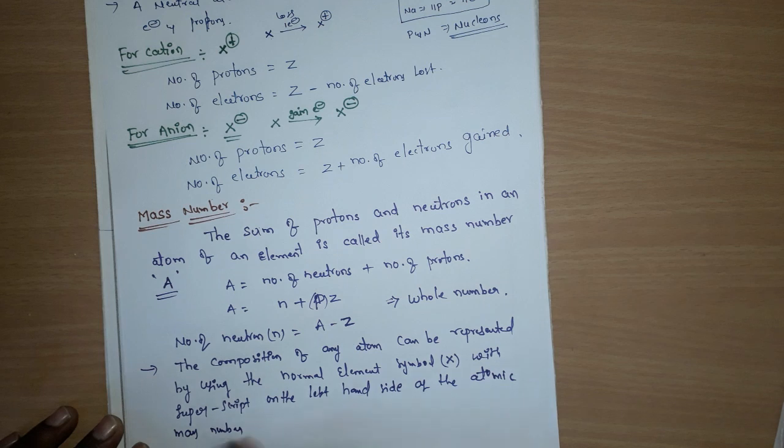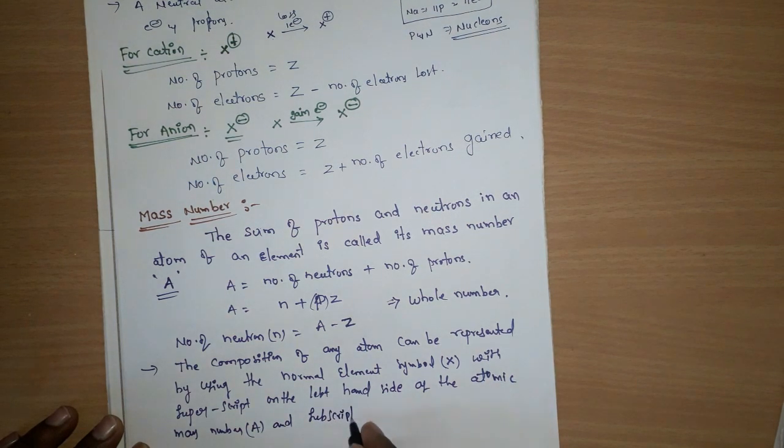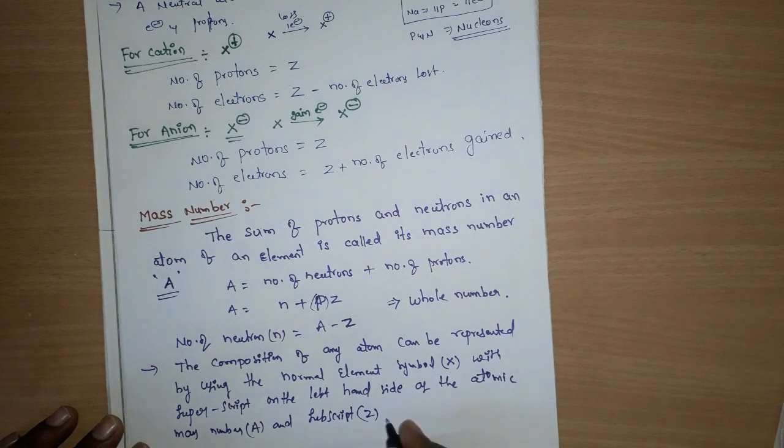Atomic mass number is indicated by A, and a subscript Z on the left hand side as the atomic number.